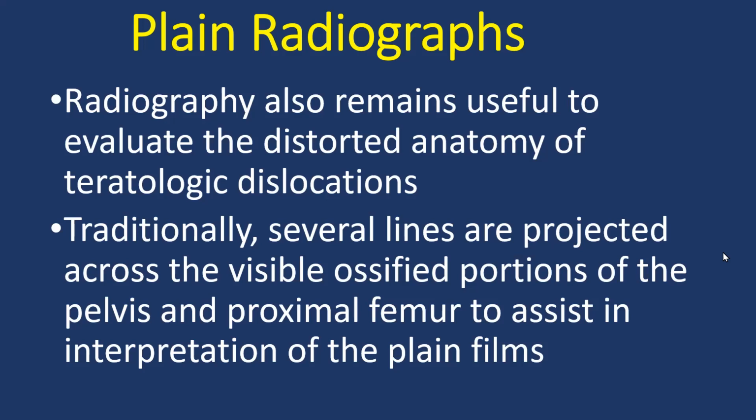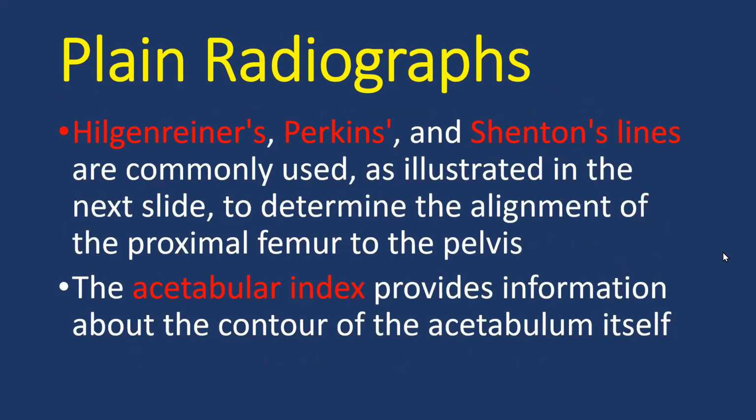Traditionally, several lines are projected across the visible ossified portions of the pelvis and proximal femur to assist in interpretation of the plain films. You have to know what is Hilgenreiner's line, what is Perkins, what is Shenton's line.